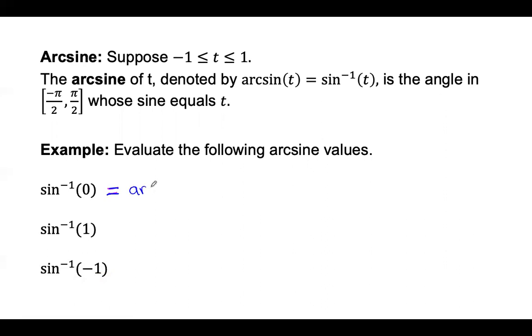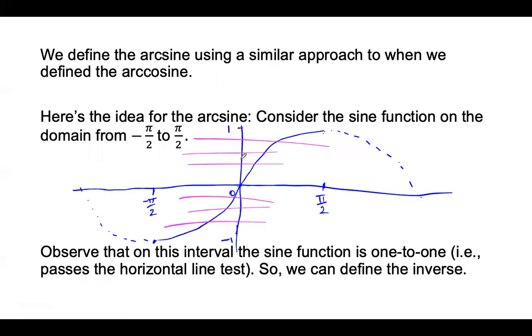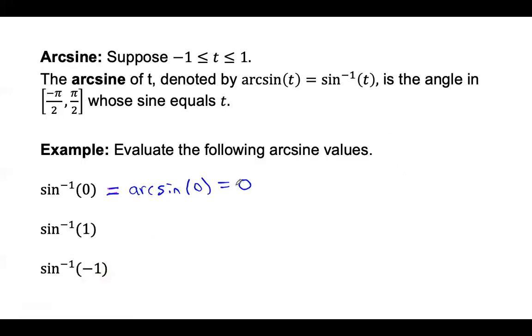So the arc sine of 0 is equal to, anyone? 0, right. Because if we go back, it's just going to be 0. And the next one. I'll just make a little note.